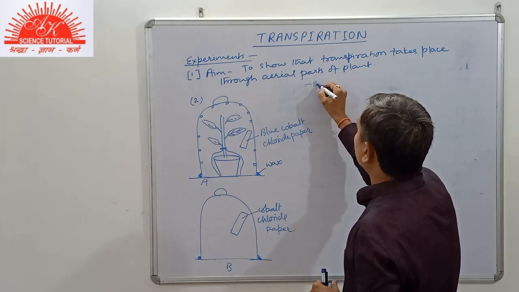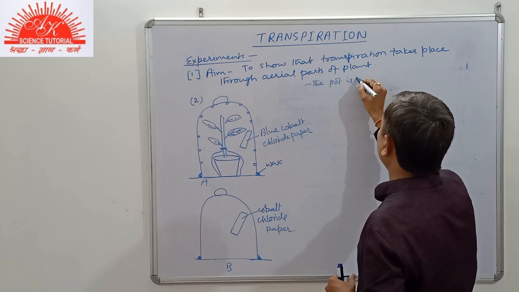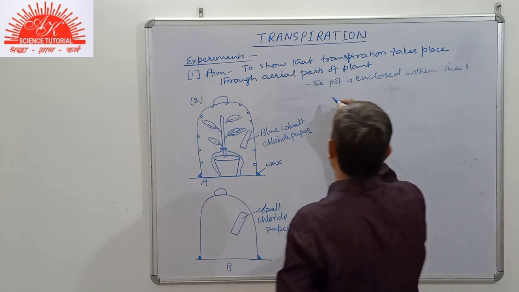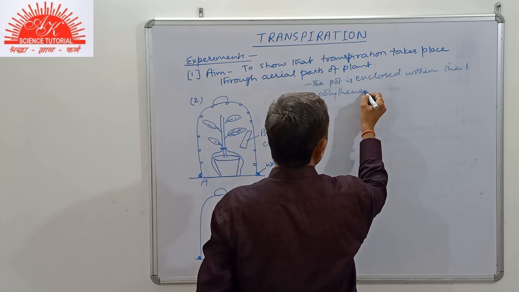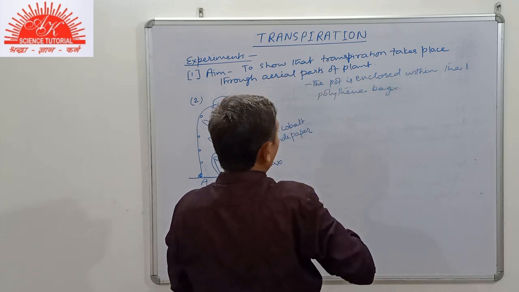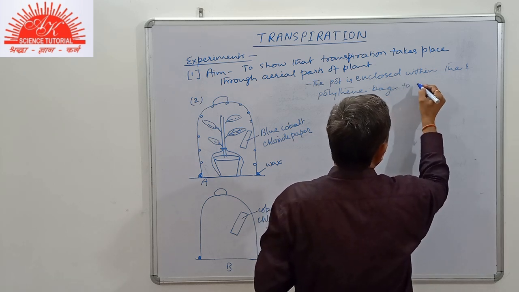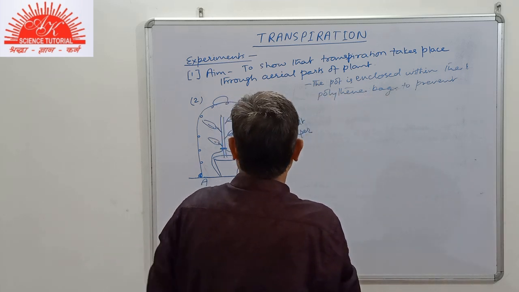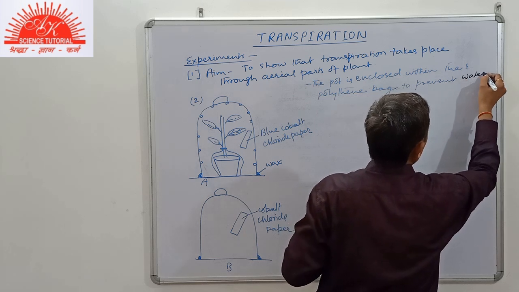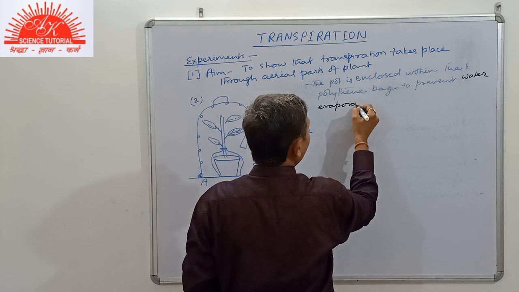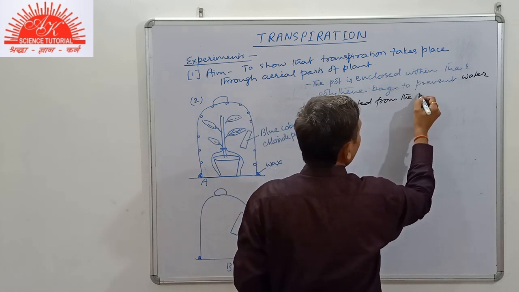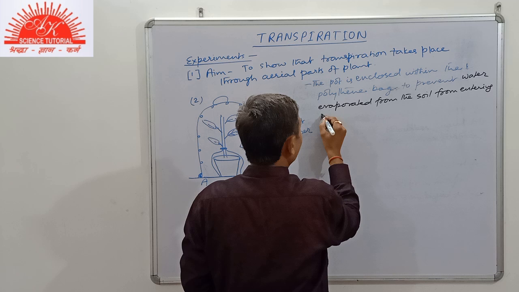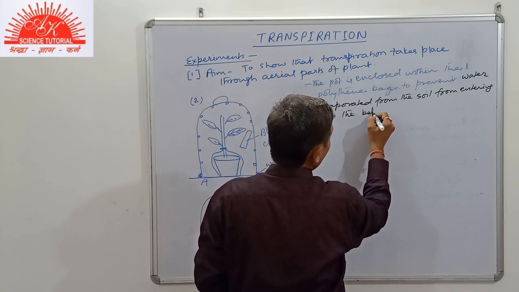So, here the pot is enclosed within the polythene bag to prevent water evaporated from the soil from entering into the bell jar.